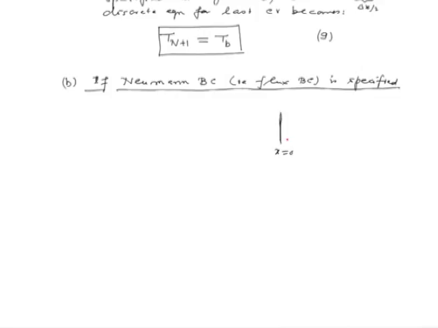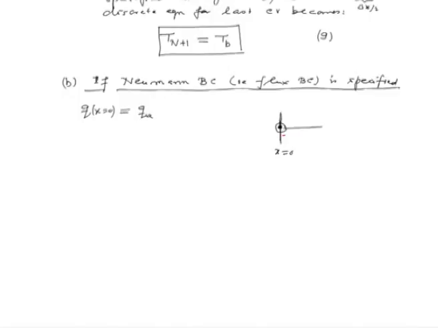So, now let us have a look at, suppose we are dealing with the left end, that is x is equal to 0, and here the value of the flux is specified, q at x is equal to 0. Let us call it q a, it is given.